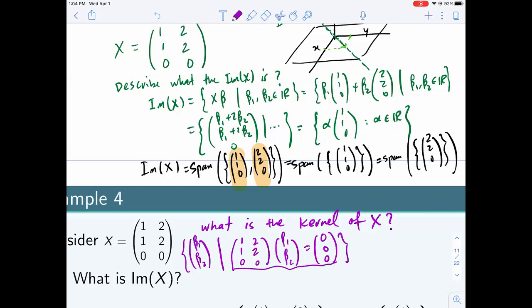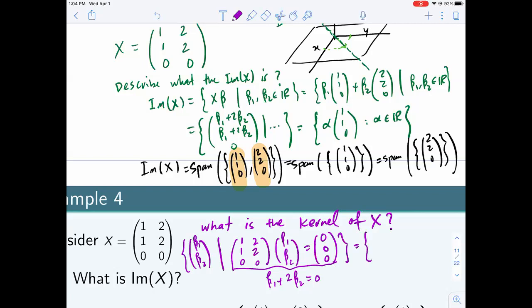Because there are three equations and they're all the same, I can just replace them with one. That means beta 1 equals negative 2 beta 2.